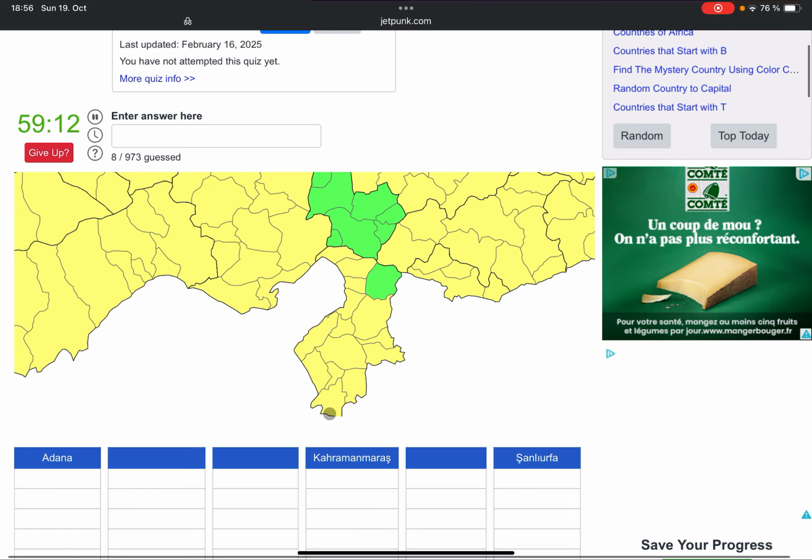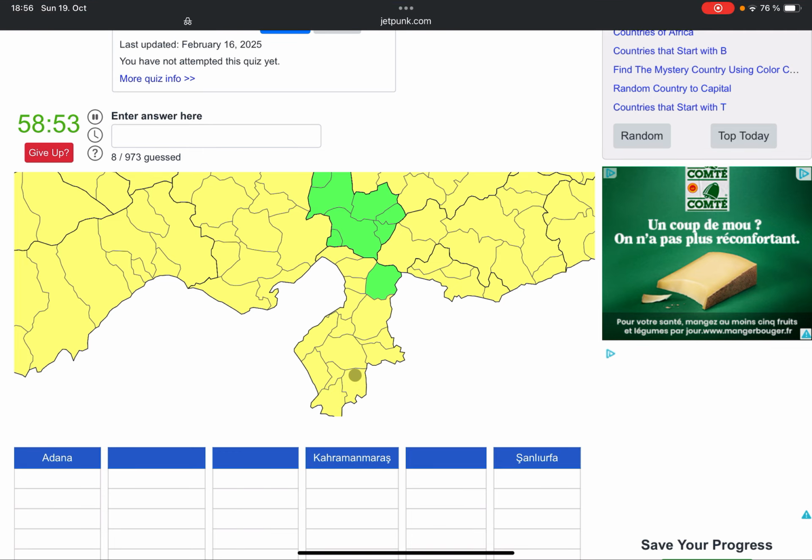Here we have the Hatay province, and this is actually already quite an exception because it's one of the only three provinces, if I'm not mistaken, in Turkey that don't have the same name as their capital city.